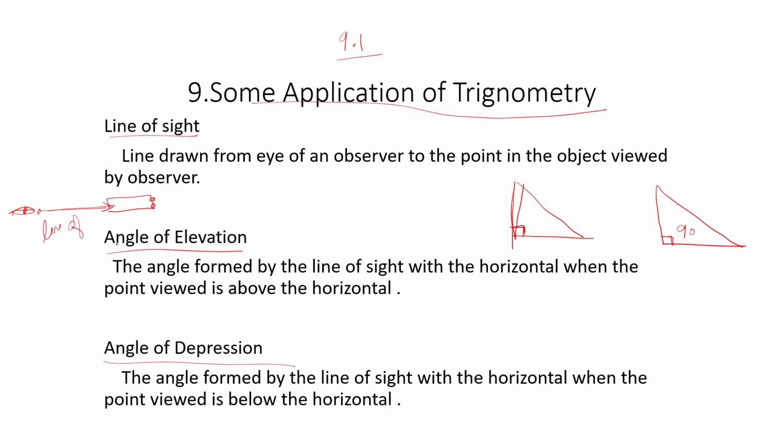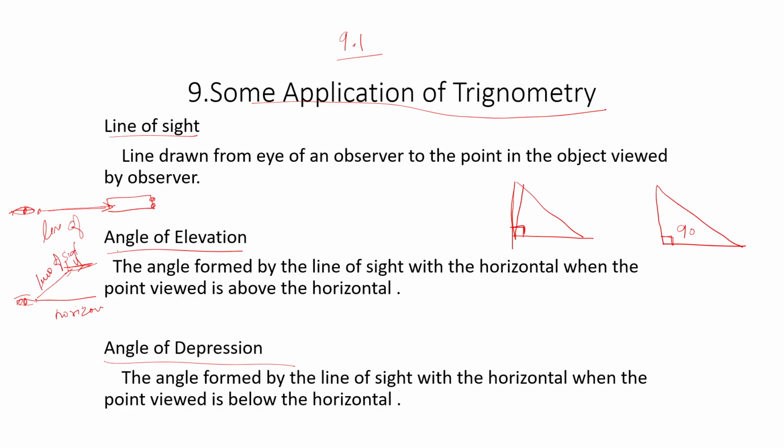Then what is angle of elevation? Suppose I am watching an airplane flying here. Consider this as a flight. This is the horizontal, and this is our line of sight. Why is this our line of sight?